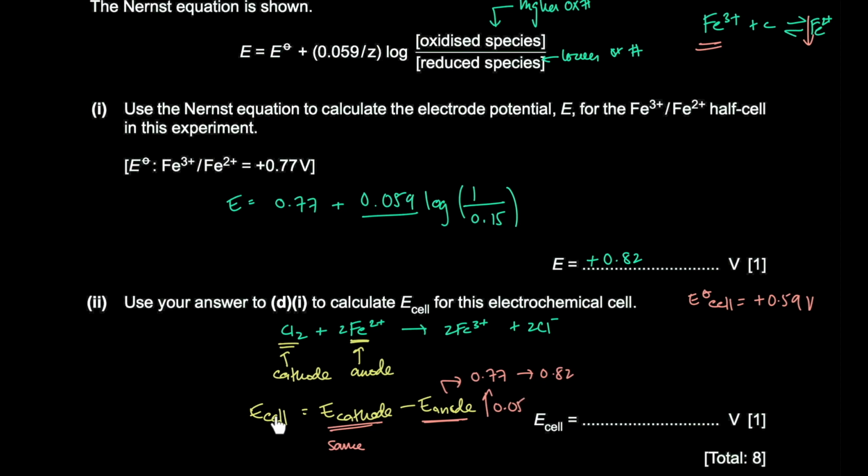That means that for the cell potential, you're subtracting a bigger value. The cell potential will decrease by 0.05. So we can say that the EMF of the cell is 0.59 minus 0.05, which is 0.54 volts. So that's your answer.